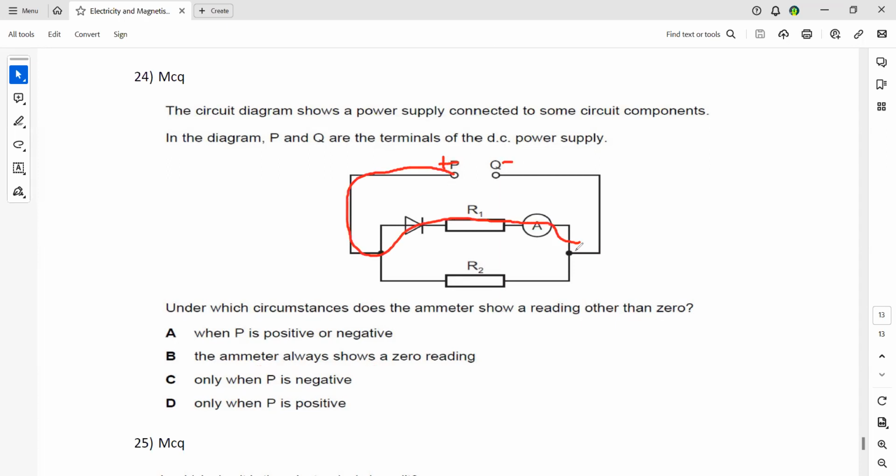This will allow the current to pass, and this will also allow the current to pass. So only when P is negative, for example, if P is negative and Q is positive, the ammeter reading will be 0. But when P is positive, the ammeter will show other than 0.